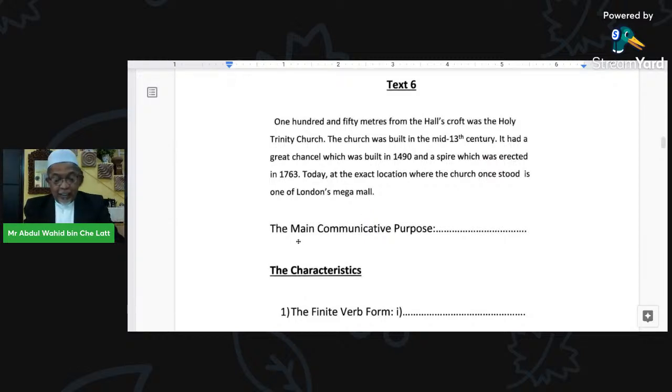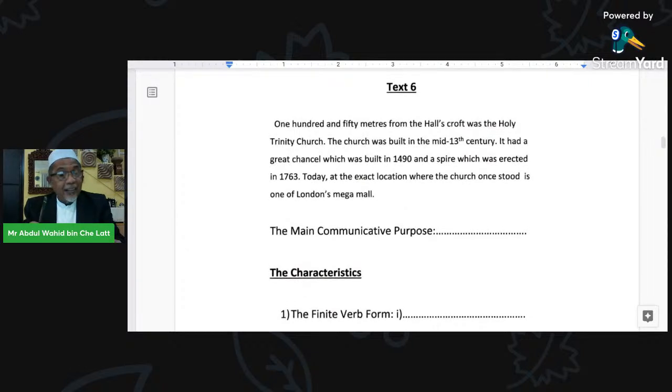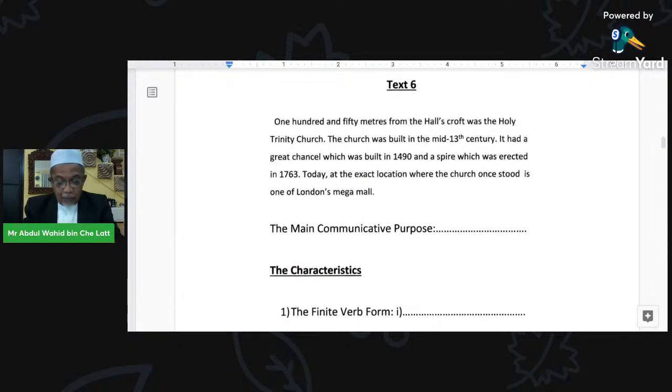Alright, this text is describing a building called Paul's Cross that does not exist anymore. So we call it a narrative description.